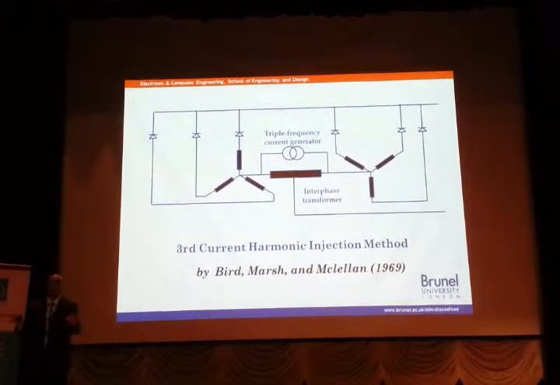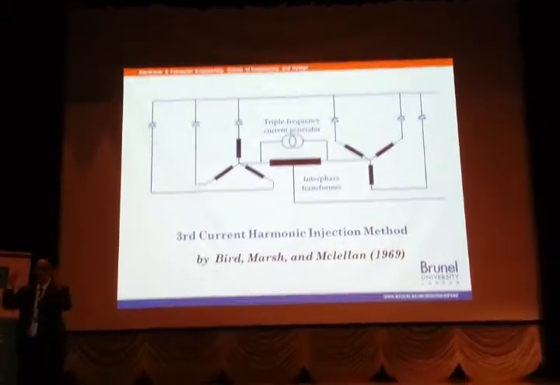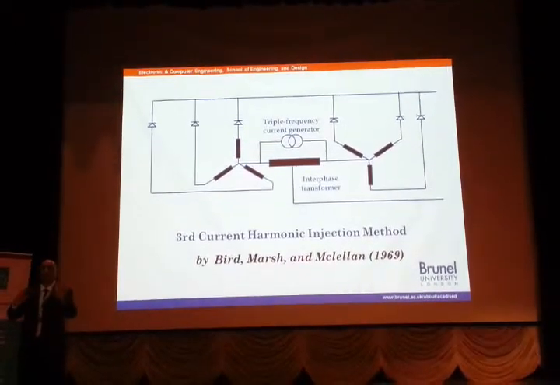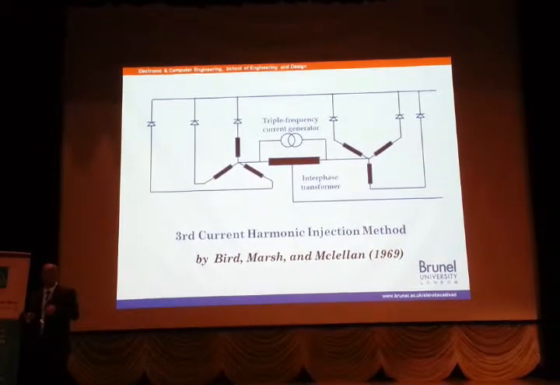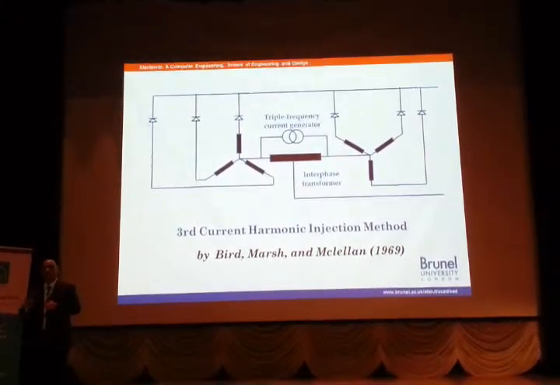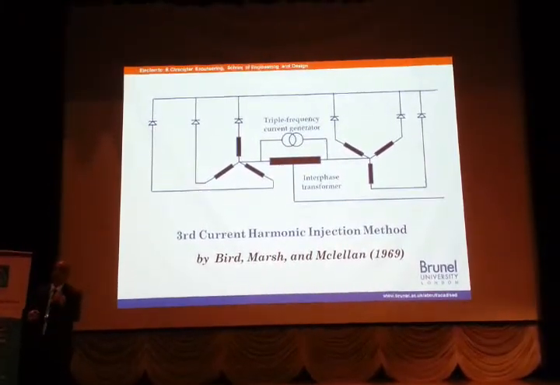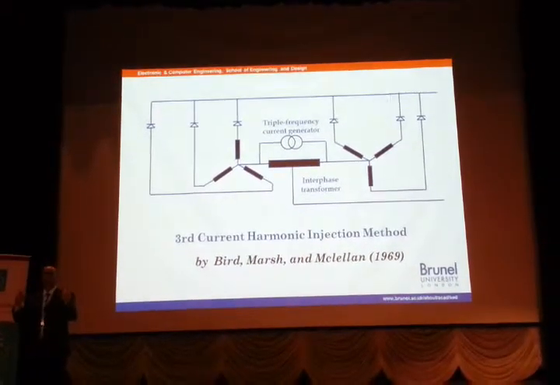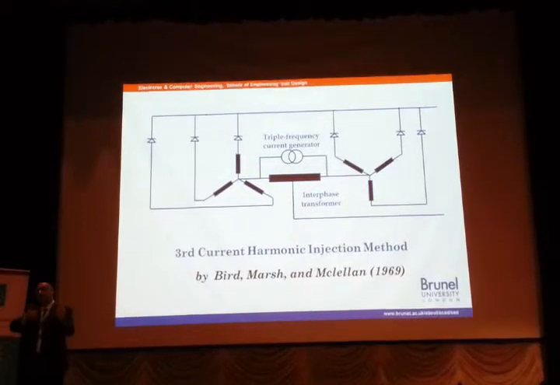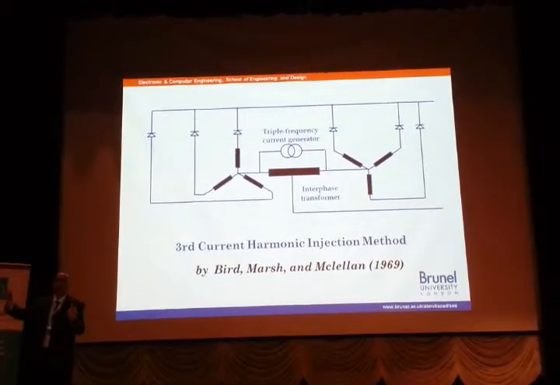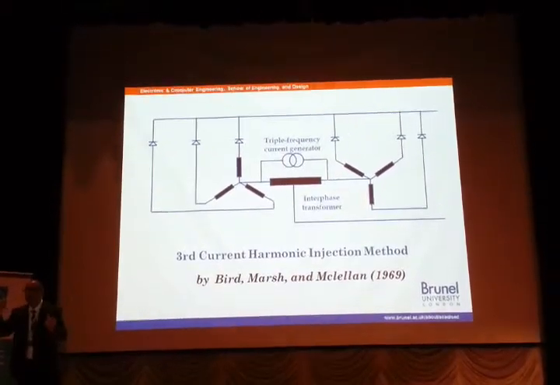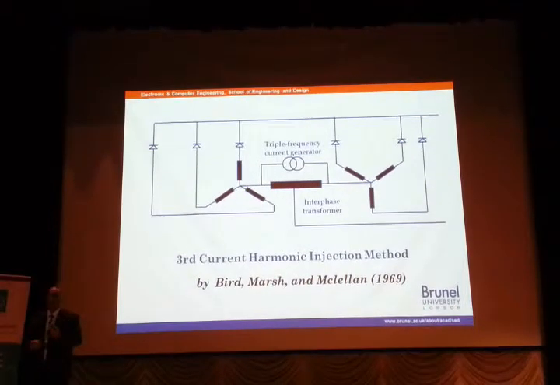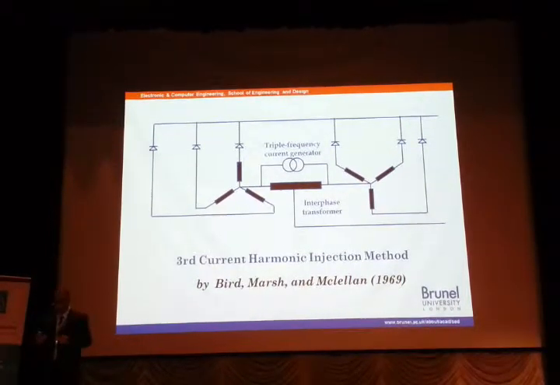It has never been implemented. However, it did make people think more and more about active filters, okay? As a matter of fact, they tried to inject a third harmonic and use the windings of the transformer in order to cancel the multiples of the third harmonic: third, fifth, seventh, and so on. But it did not materialize.